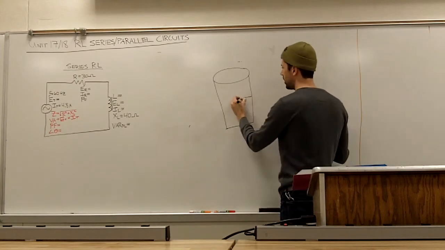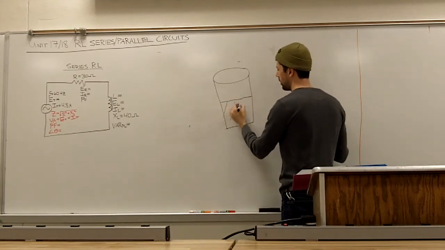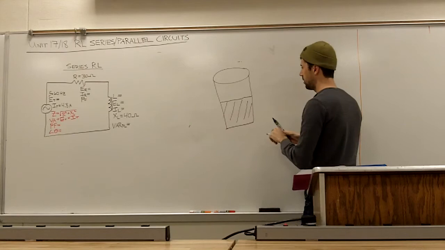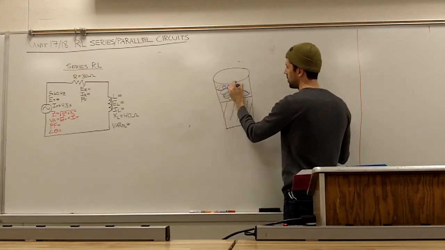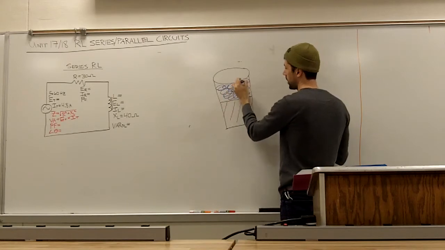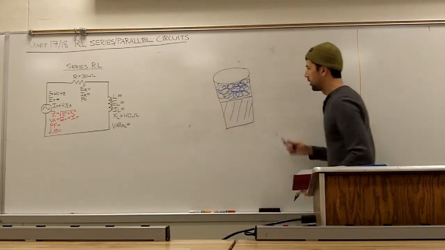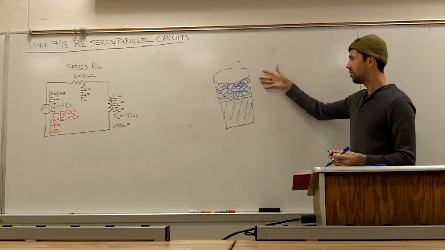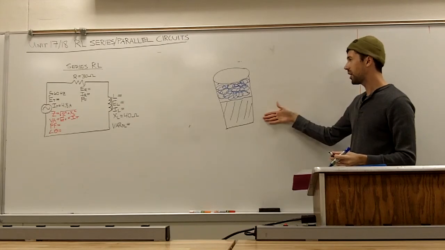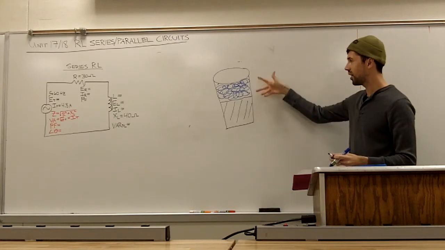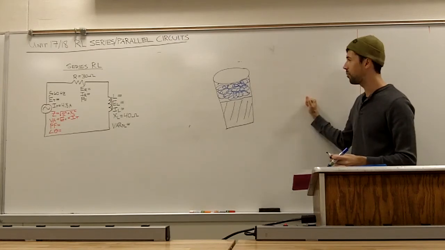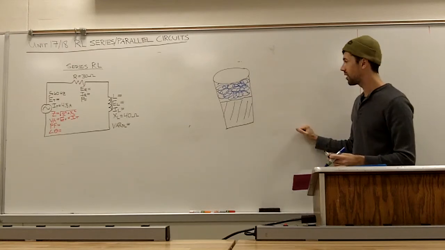So here's my beer, here, and then the rest of the glass is filled with foam, like this. So 100% of this cup right here is filled with beer. However, only about 50% of it is a liquid, the other 50% is a gas of foam. So you're only going to actually get to drink 50% of this beer.